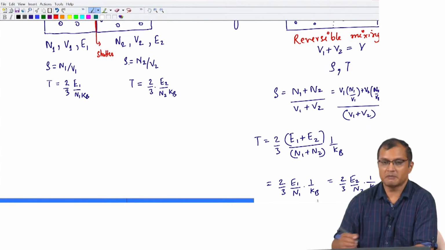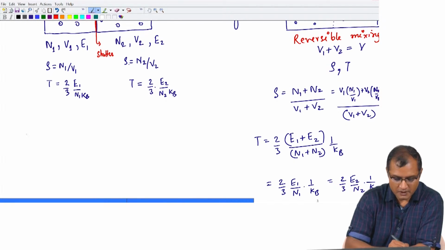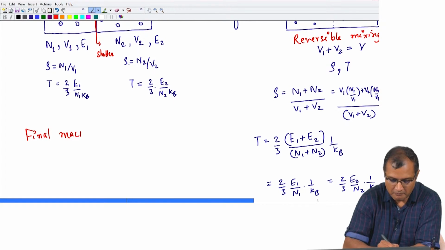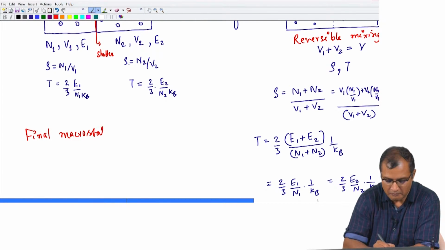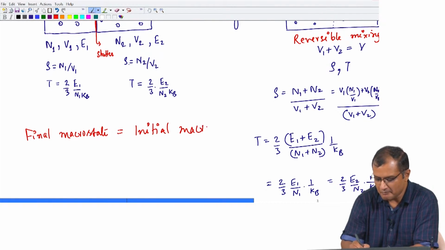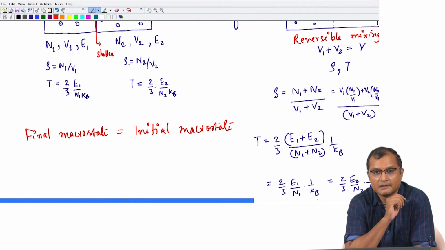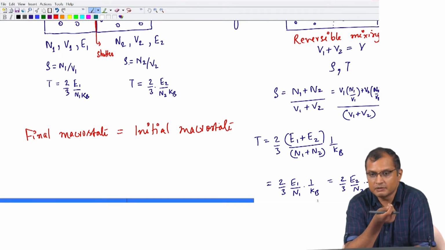No distinction can be made here. The system is in the same macro state. Okay. So, when that has happened, you cannot tell that the system's entropy has changed.